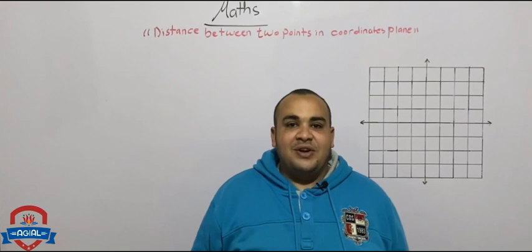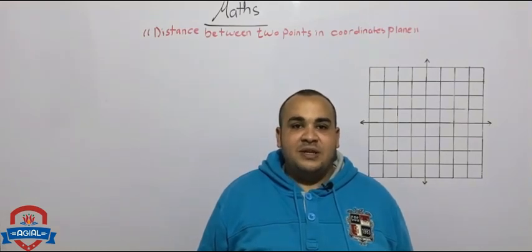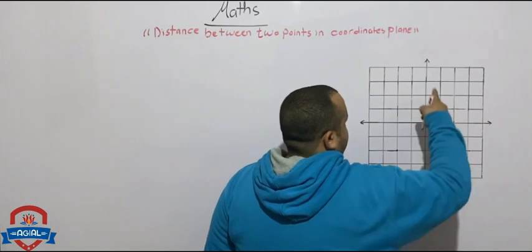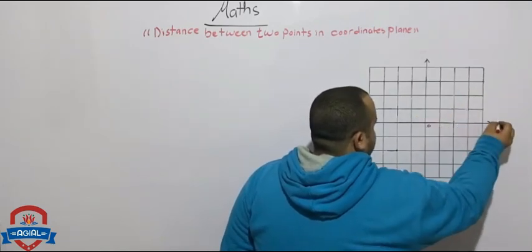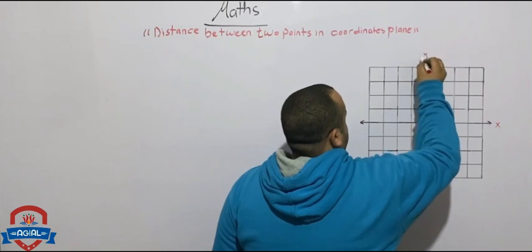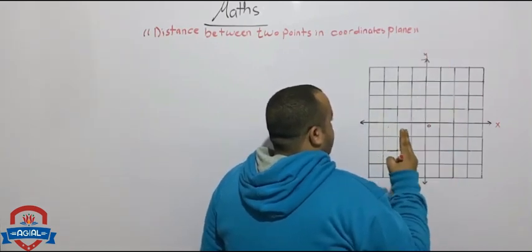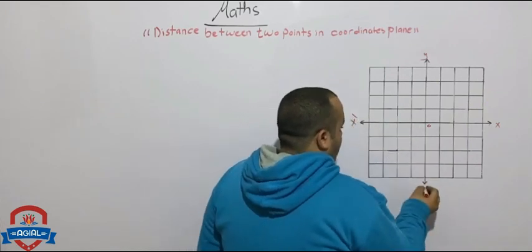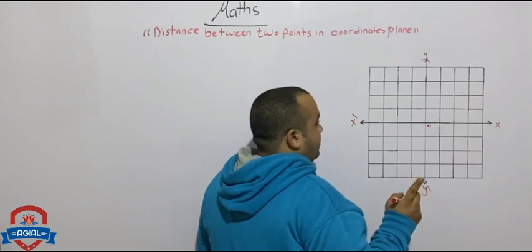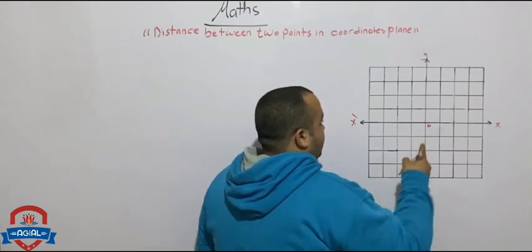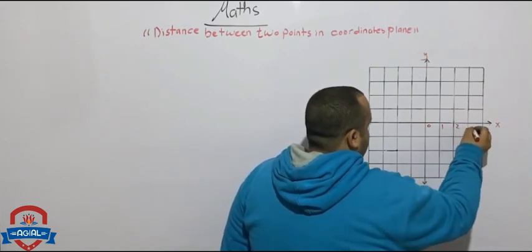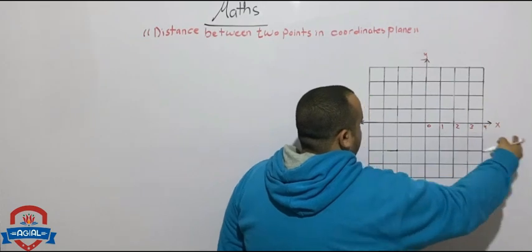And now let's learn how to find the distance between 2 points in the coordinate plane for the set of integer numbers. The set of integer numbers has 2 rays to represent the positive numbers, the ray OX and the ray OY, and 2 rays to represent the negative numbers, OX dash and OY dash. So to represent the set of integer numbers, we start from 0 and move to the right 1, 2, 3, 4 and so on.